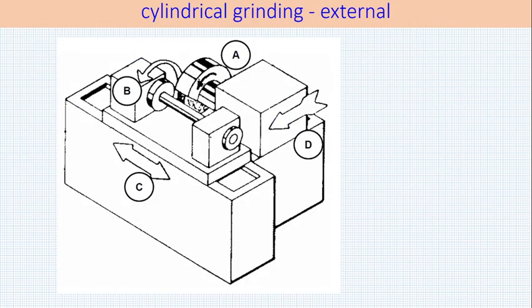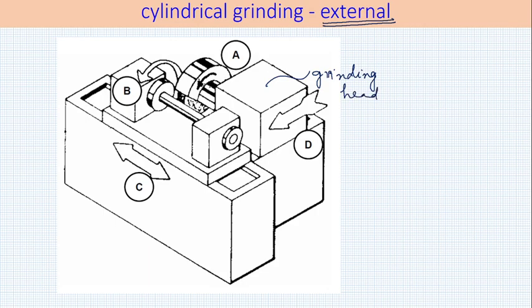Now let us come to cylindrical grinding. Cylindrical grinding means, once again to revisit, wherever you have a cylindrical external surface that has to be ground. Cylindrical grinding does not mean only external, but I am starting the designation with external. So here also, this is your grinding head.